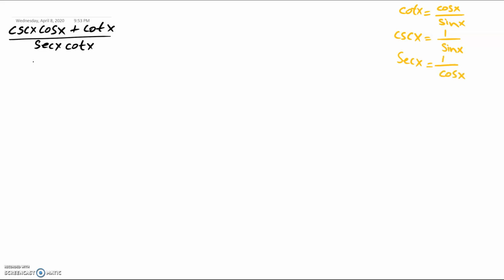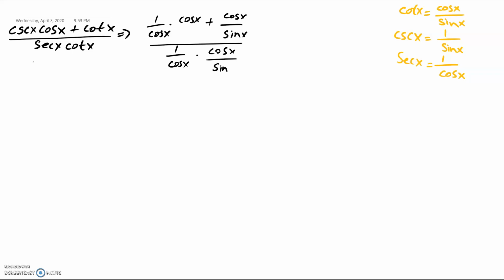I am going to use these three identities to simplify our expression, and the expression is going to be cosecant x is 1 over cos x times cos x plus cot x is equal to cos x over sin x, over secant x is equal to 1 over cos x, and cot x is equal to cos x over sin x.